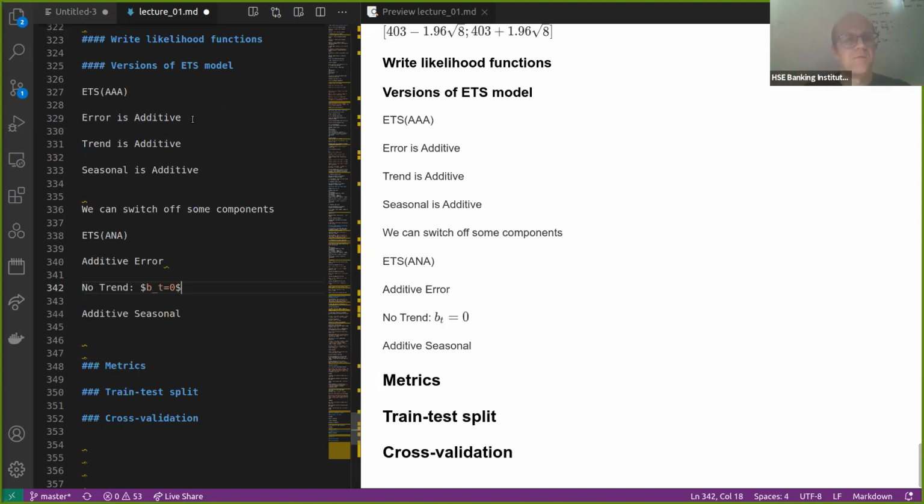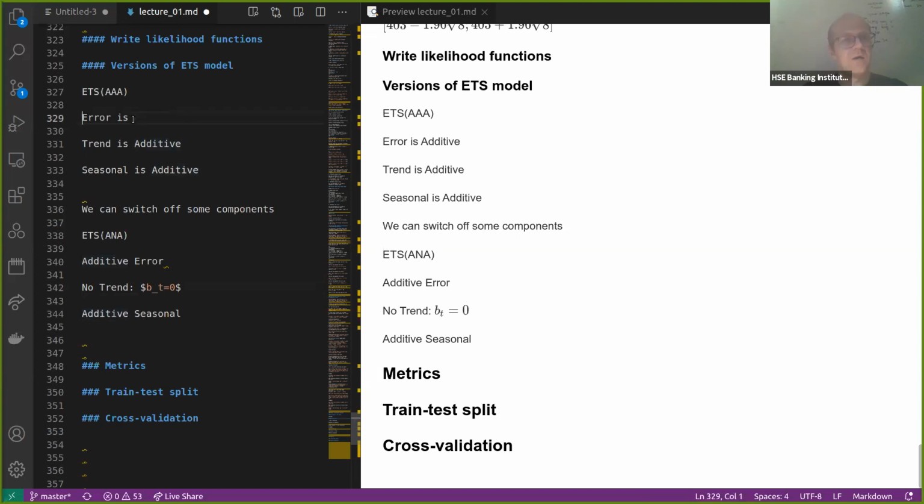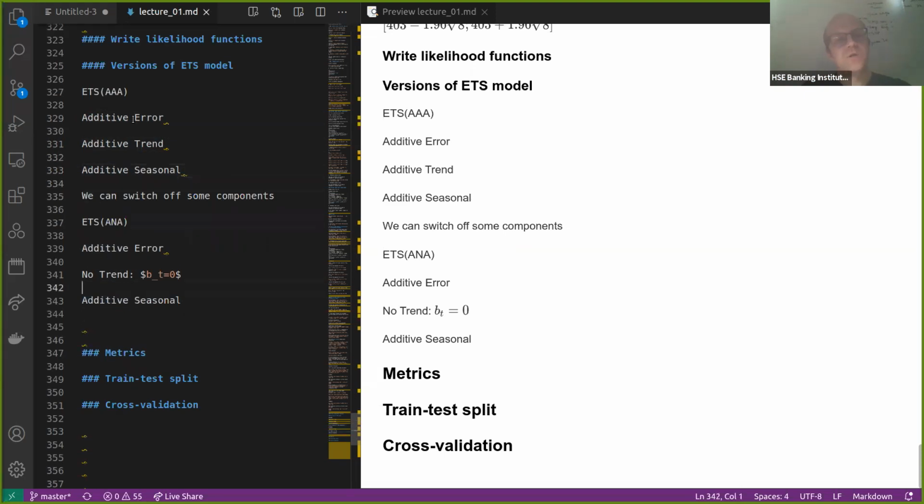That means additive error. Our original model abbreviation was A, additive error, A, additive trend, A, additive seasonal component. So every component is additive. Or we can switch off both components.